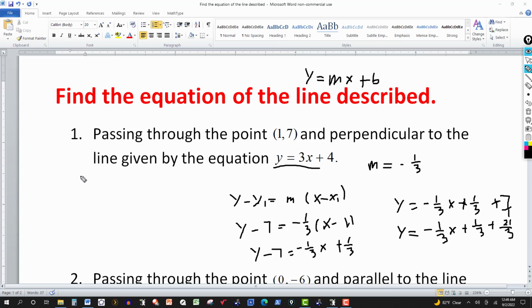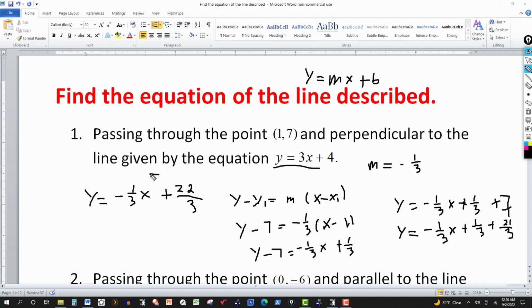So let me put it over here then. y would equal -1/3 x, and then over here the 1/3 and the 21 over 3 gives me 22 over 3.